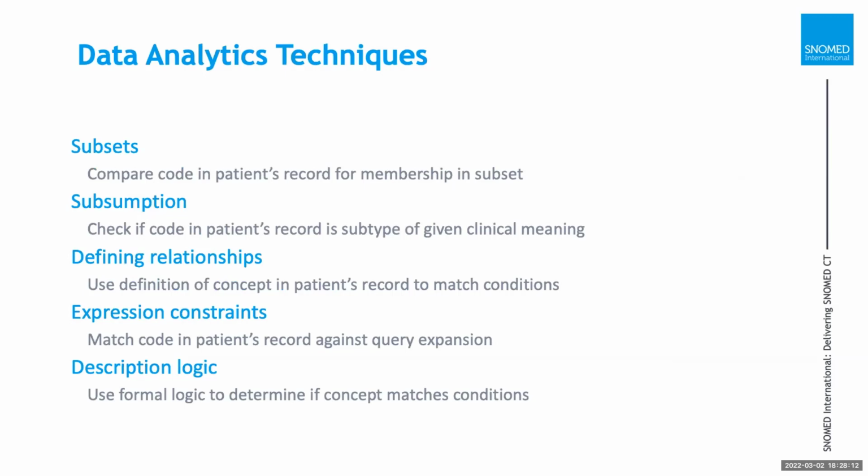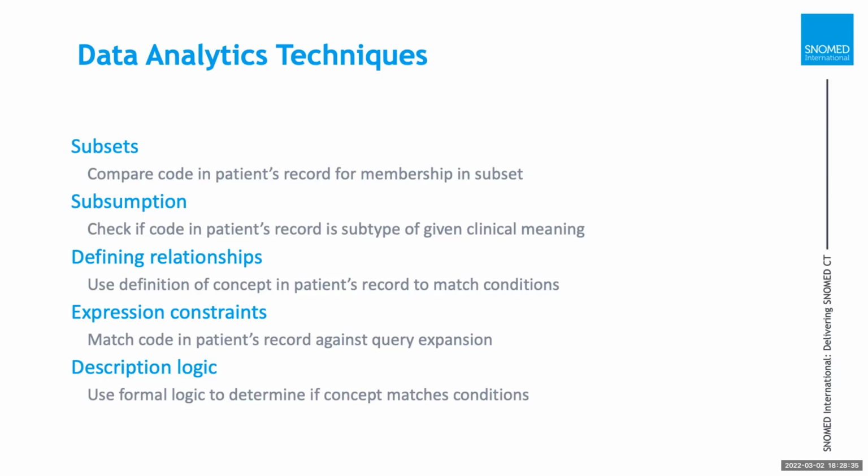Once you have your clinical data coded using SNOMED CT, there are a number of different techniques that you can use to perform data analytics, ranging from very simple to very advanced. The simplest approach is to compare each code that you have stored in your patient record to see if it's a member of a particular subset that you've designed specifically for your query use case.